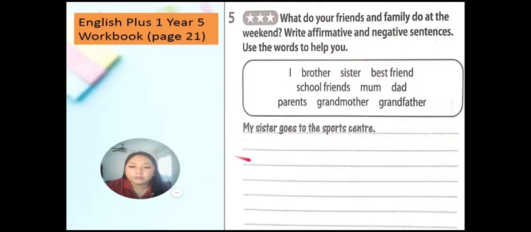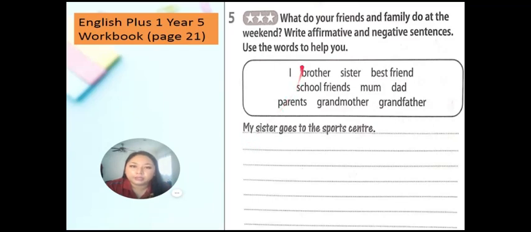And then write a few sentences, 2 atau 3 ayat buat yang guna affirmative atau negative. So choose here. Whoever it is with you at home, you can write. Okay, you must have at least one affirmative, at least one negative sentence.